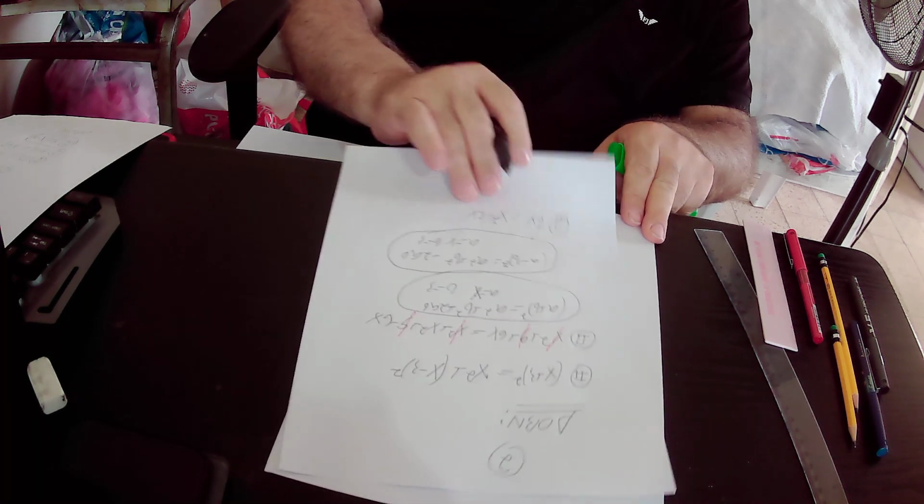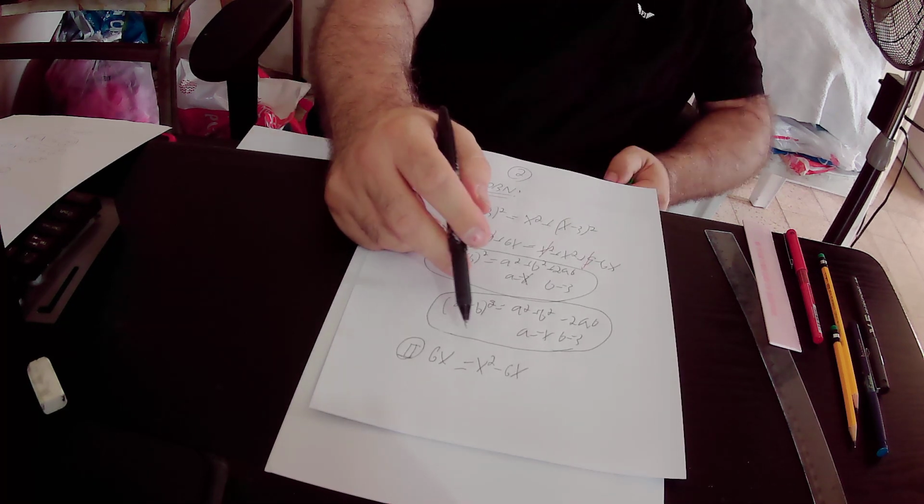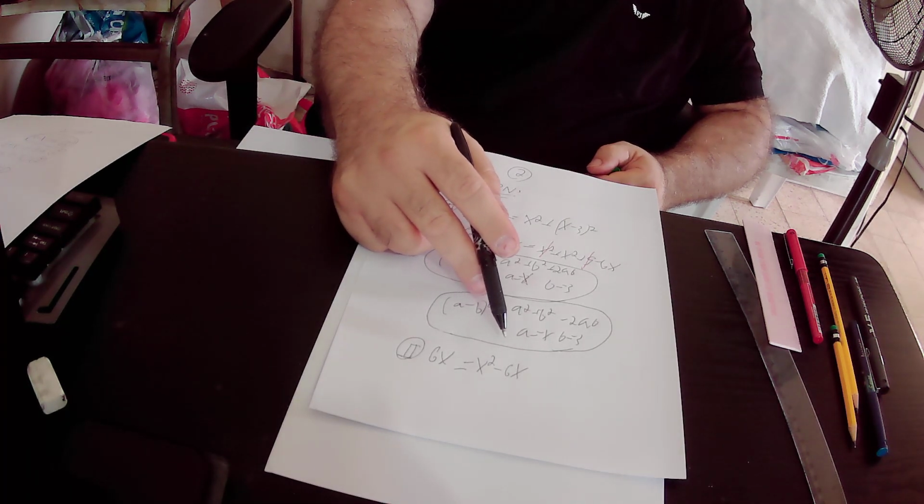So we got that 6x equals x squared minus 6x.